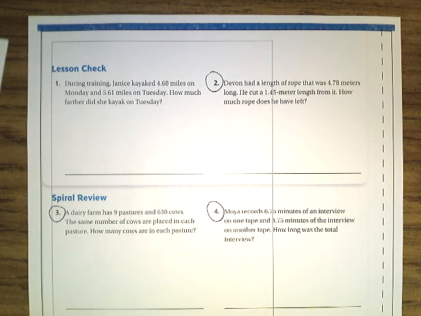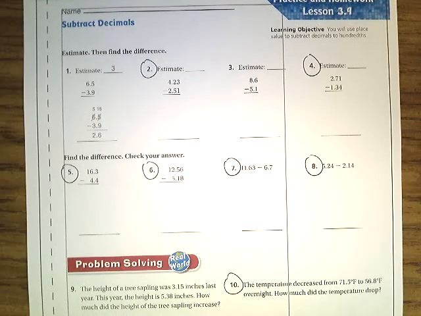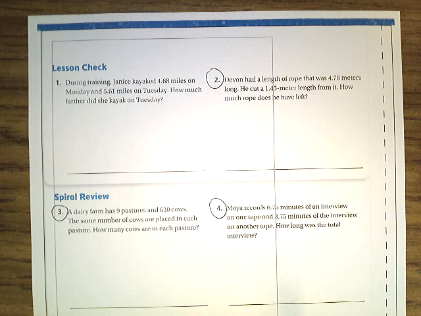So on page 206, you are doing 2, 3, and 4. On page 205, you are doing 2, 4, 5, 6, 7, 8, and 10. Then on page 206, 2, 3, and 4. That is a total of 10 questions.